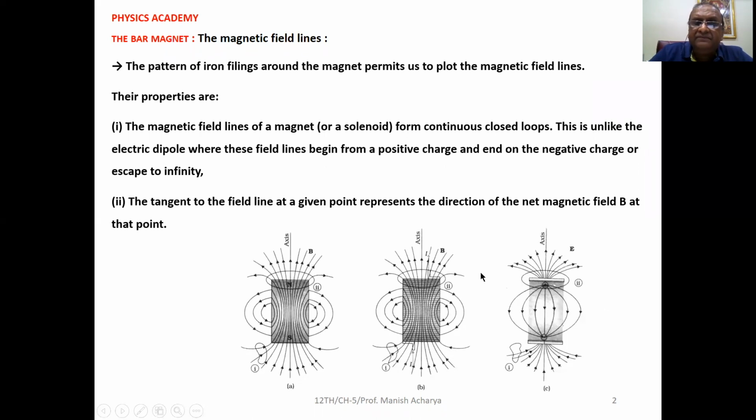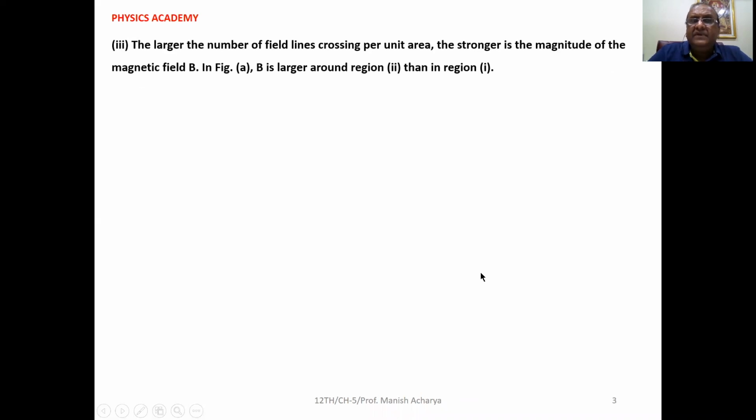Clear? Then, if the number of field lines passing through a surface area considered at a particular point is more, then we can say the magnitude of the field is more, or the magnetic field is stronger at that position.